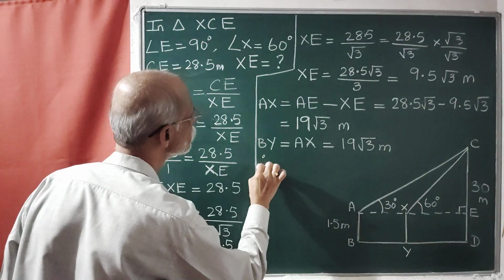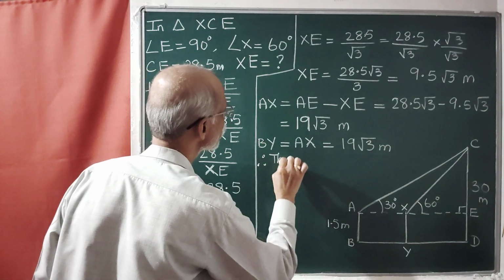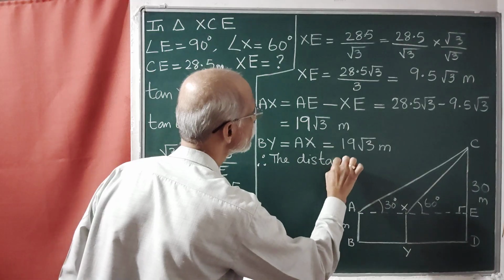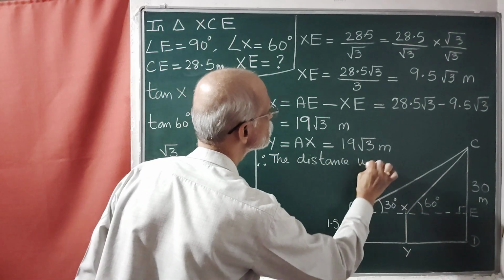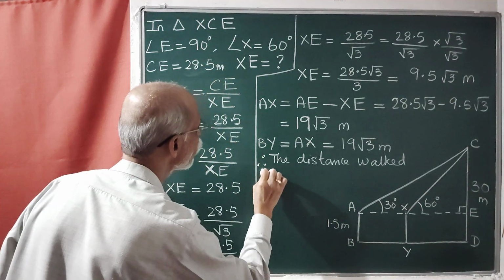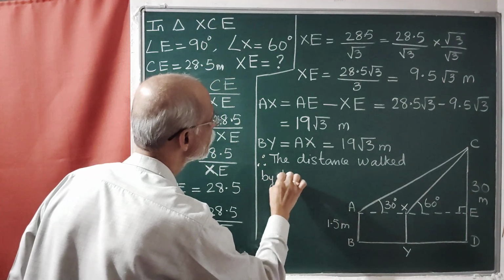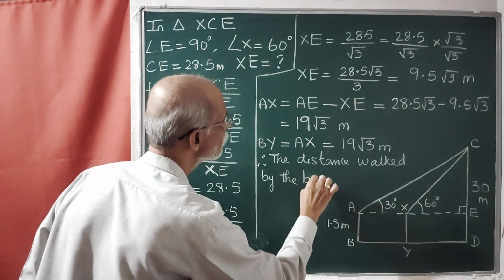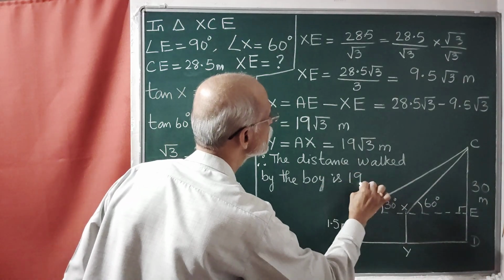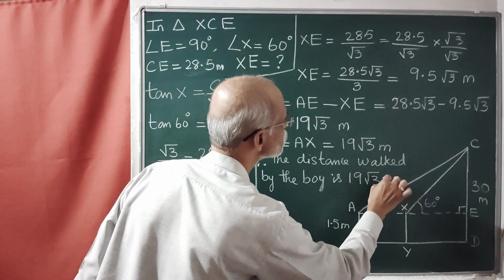Therefore, the distance walked by the boy is 19 root 3 meters.